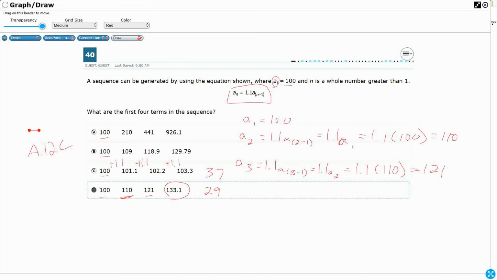So this is simply one that's not necessarily intuitive. And unless you have some practice with this, yeah, I get the adding 1.1. This is our second hardest item on the test. It was definitely challenging. 29% accuracy.